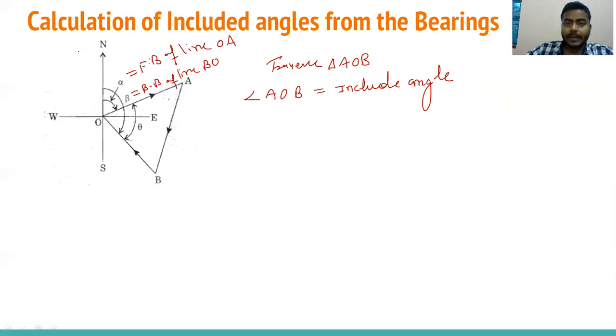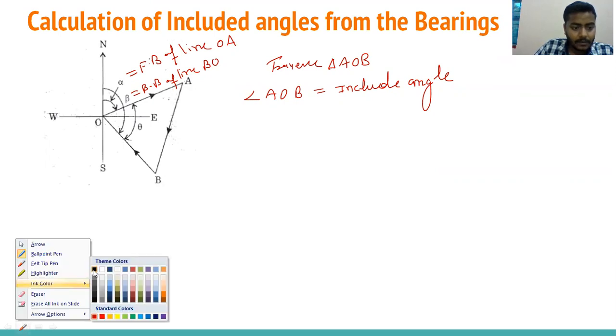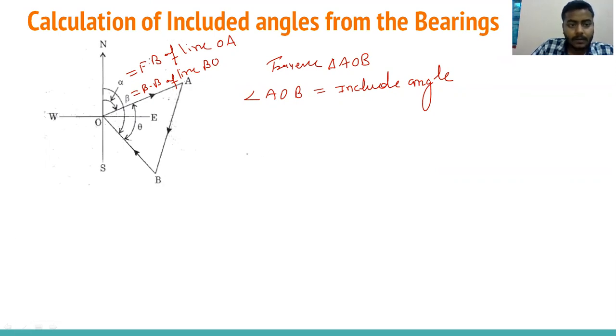So now we can calculate what we can write for this angle. From the figure we can write beta is equal to alpha plus theta. Now we can write theta.